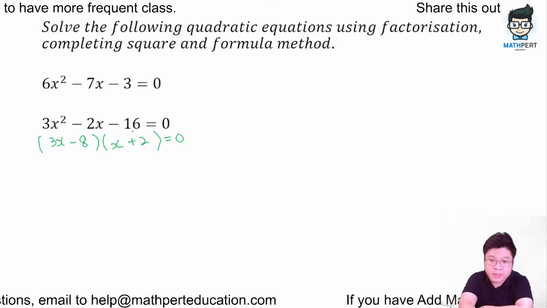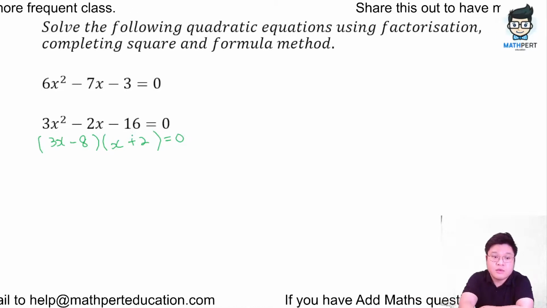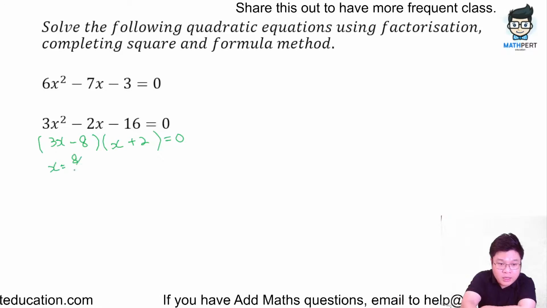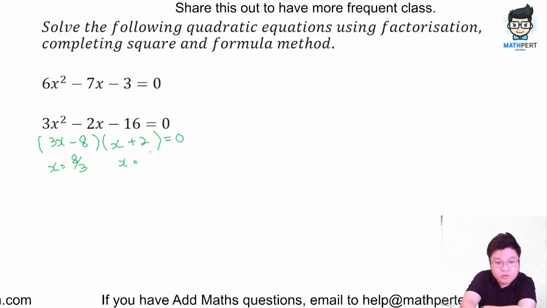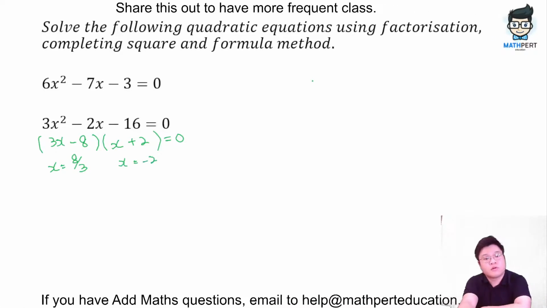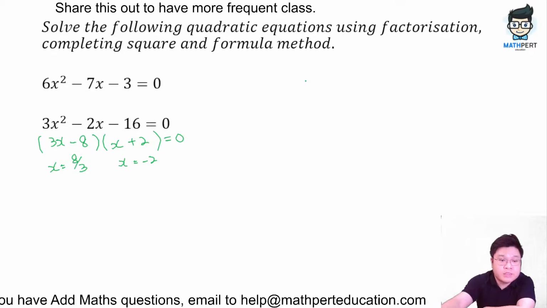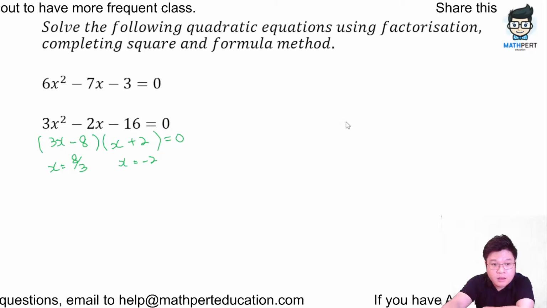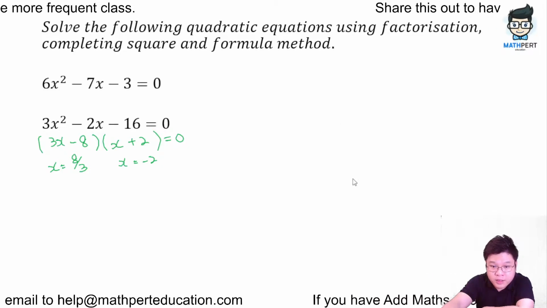You will still get back the same answer. Then x will be equal to 8 out of 3, or x equals negative 2. Okay? So next, let's use the formula method.